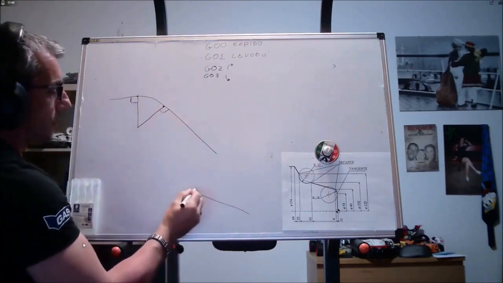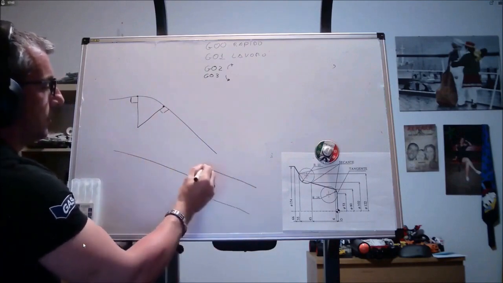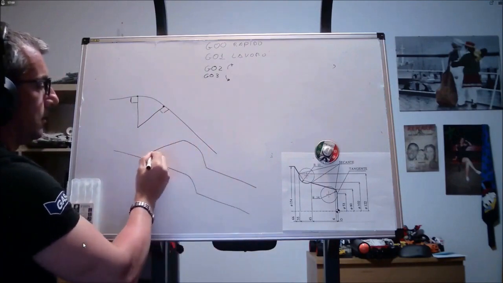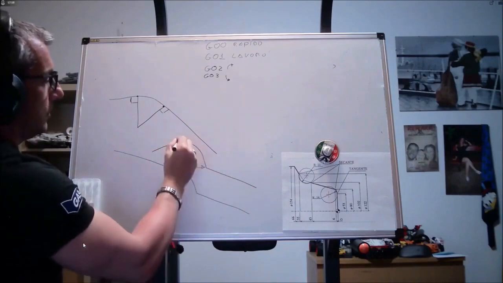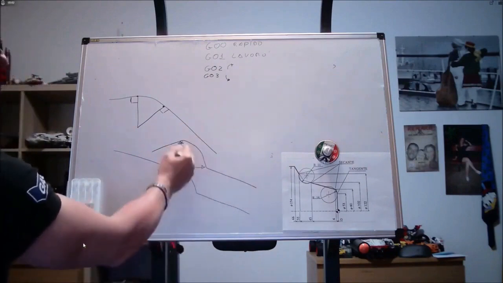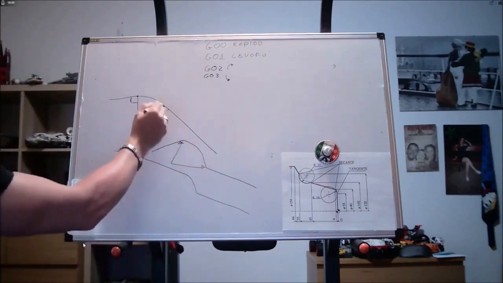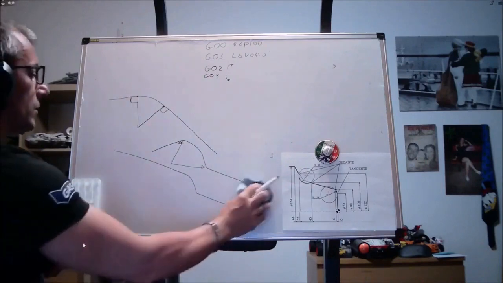Example. Another example. This one is a circle that is not tangent to the entry and exit lines. This is a circle that is tangent to the entry and exit lines.